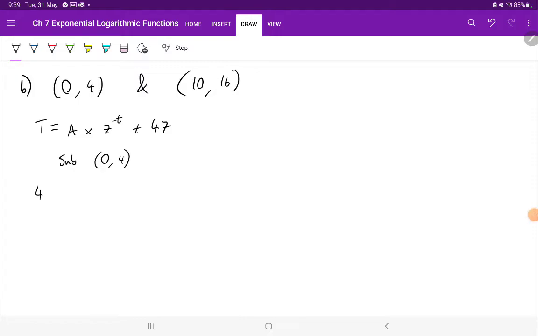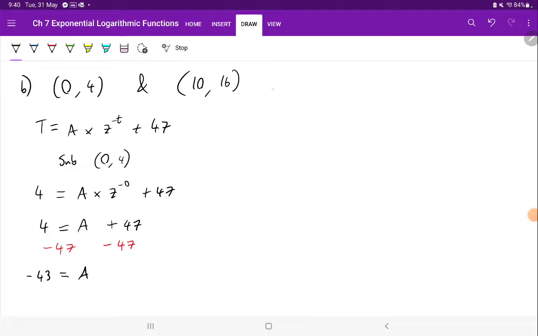So 4 equals A times Z to the negative 0 plus 47. Now Z to the 0 is 1, A times 1 is just A, plus 47. I need to subtract 47 from both sides. 4 minus 47 is negative 43, so A is negative 43.